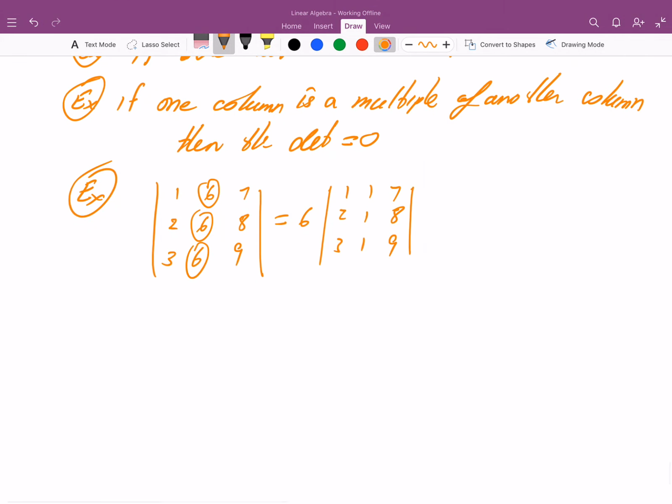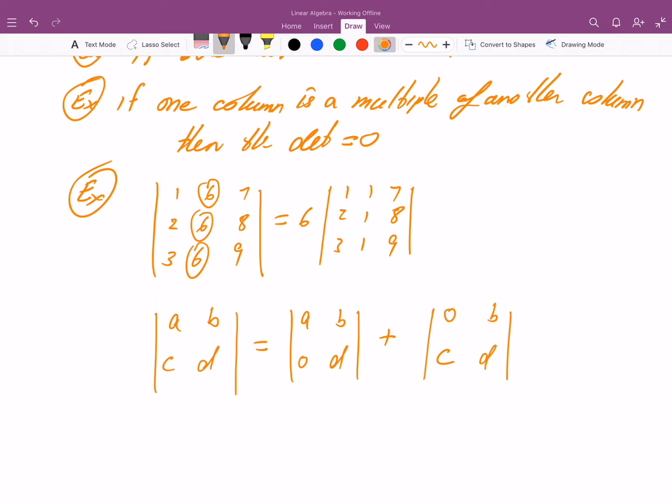And by the same token, I could use linearity to break up a matrix. Instead of keeping a row the same, I could decide to keep a column the same, and then write it as a sum so that I have a plus 0 and then 0 plus c. So this is also doable. Linearity is preserved in columns as well as rows because of this property.